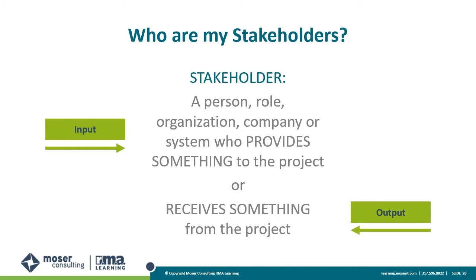It's how all the projects get done. A stakeholder provides something to the project or receives something from the project, or potentially both. Remember the hairball on that earlier page? Projects are built by providing stuff and receiving stuff until it all comes together as a cohesive whole.